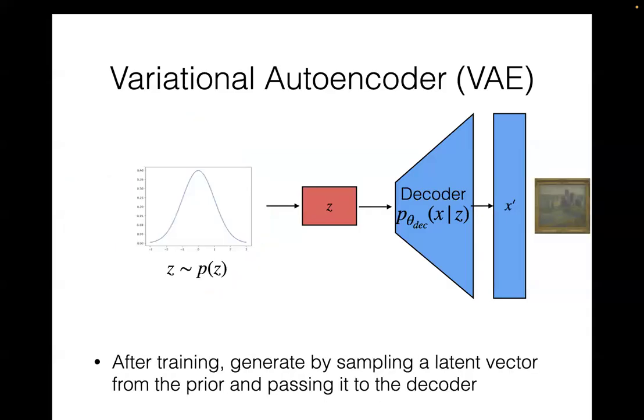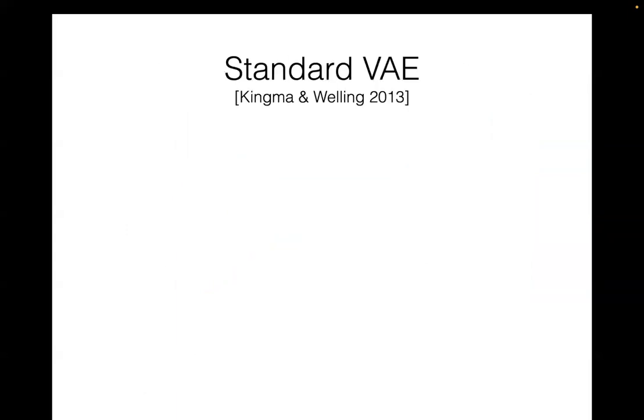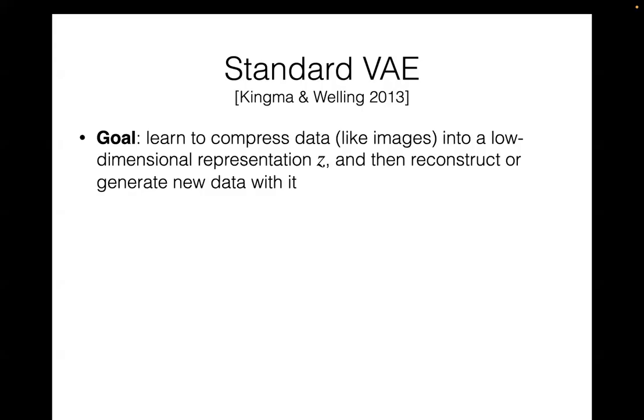If you do that successfully, then to generate data you can just sample from a standard Gaussian and pass it through the decoder, and that will give you an image or the data that you're modeling. This is the standard version, though of course you could think about modifying things. Let's take a look at how you do this, and then we'll see how to build the discrete version.